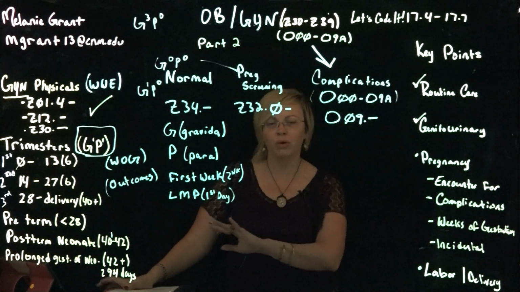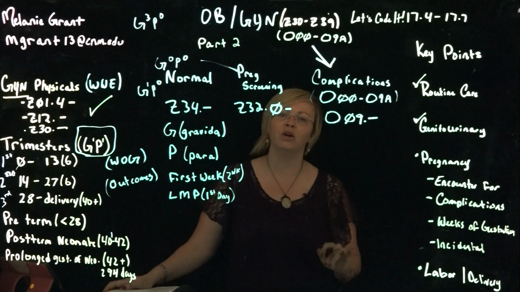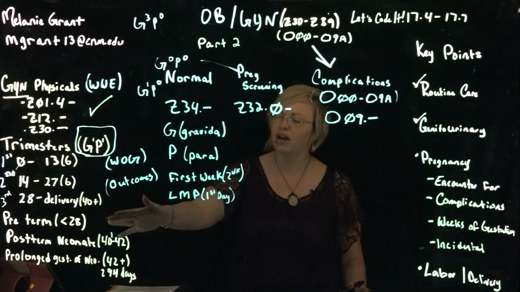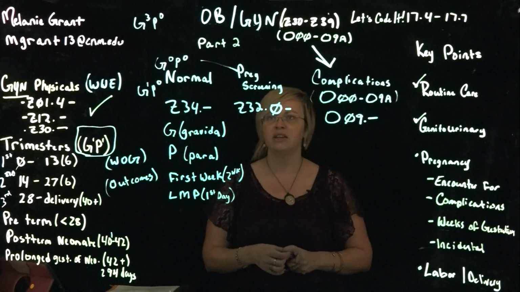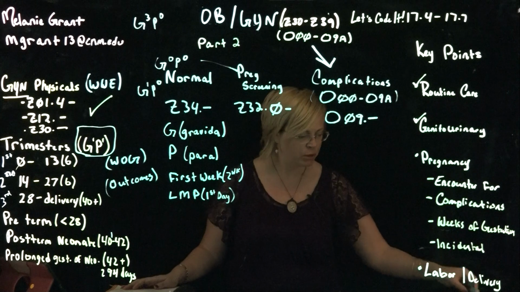So these terms are important to remember to identify when you're coding for pregnancy, because if you have these conditions, there's additional codes that you would list. Okay, so we'll talk about those here in just a moment.